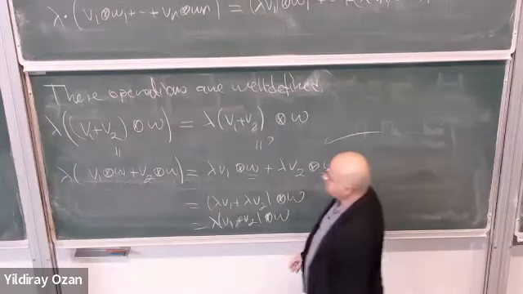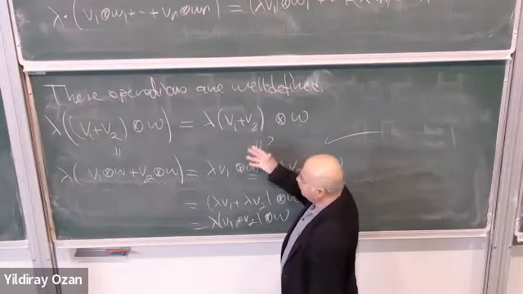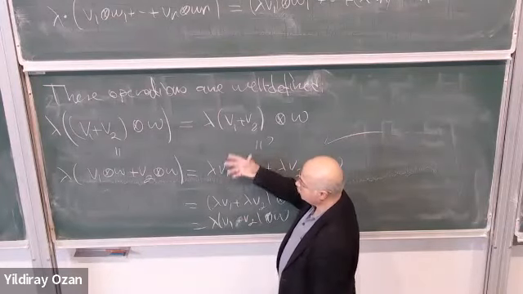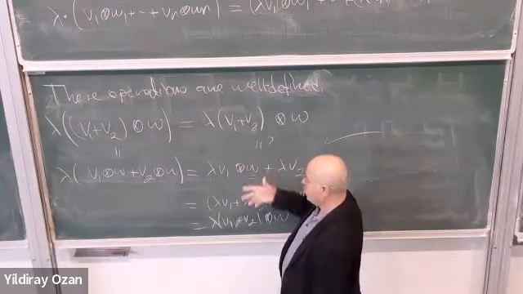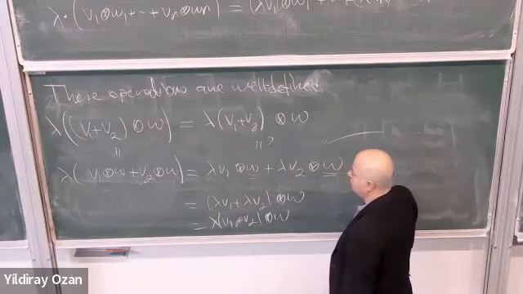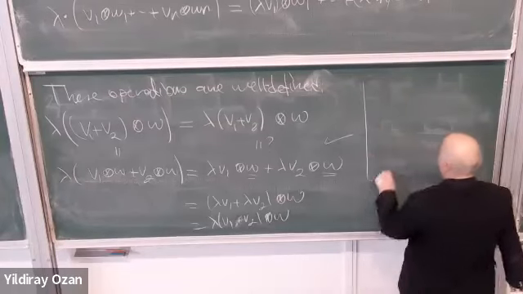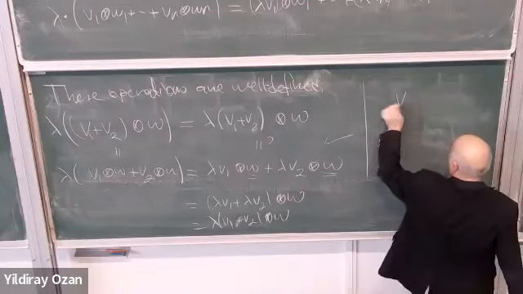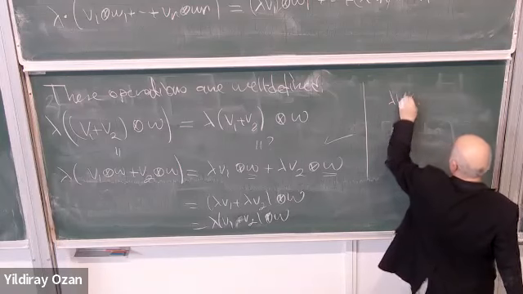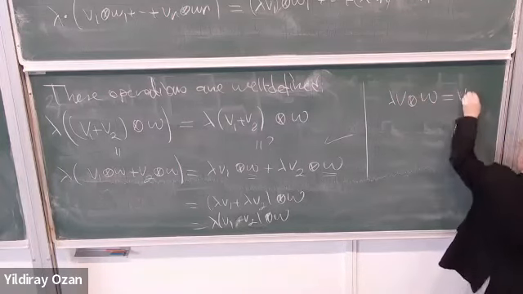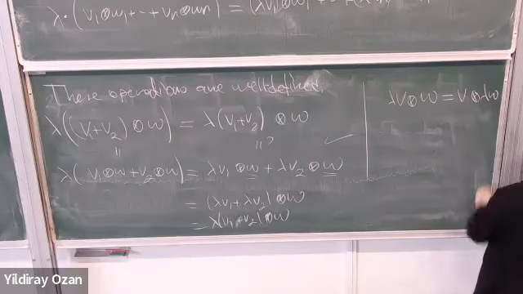Of course, to show that these operations are well defined, we have to also show some other things, like this one. For example, lambda. This is the same thing as this table, right?